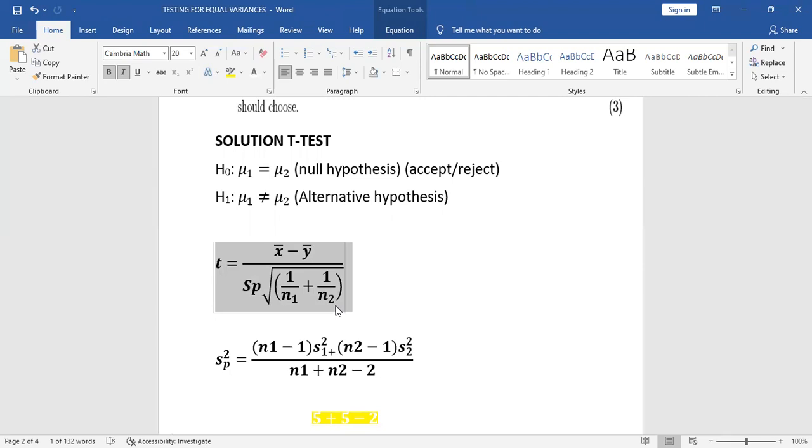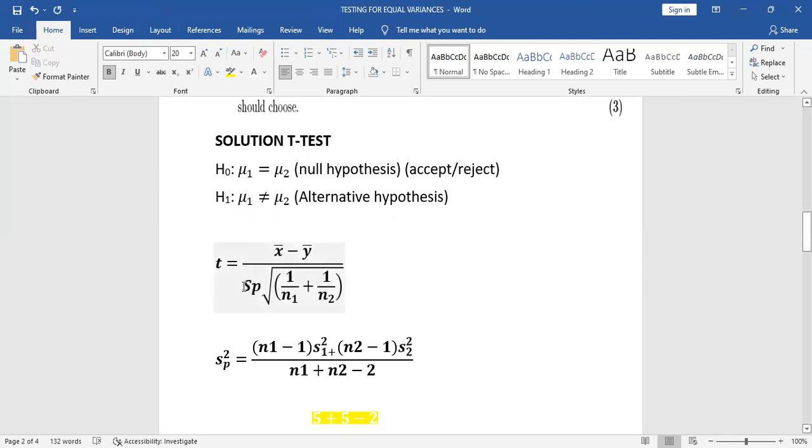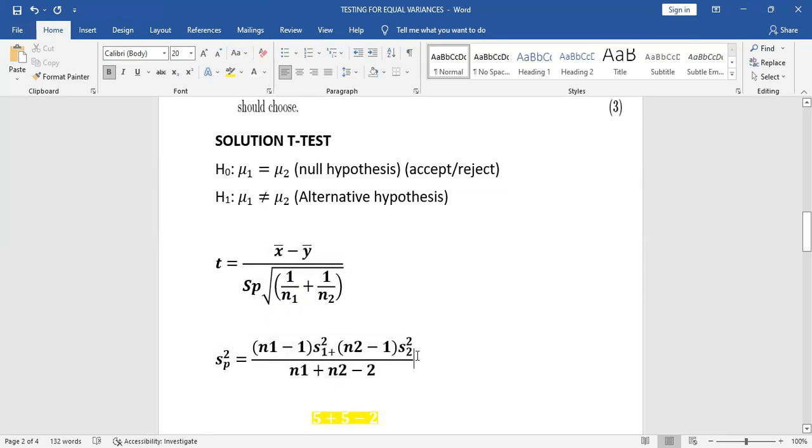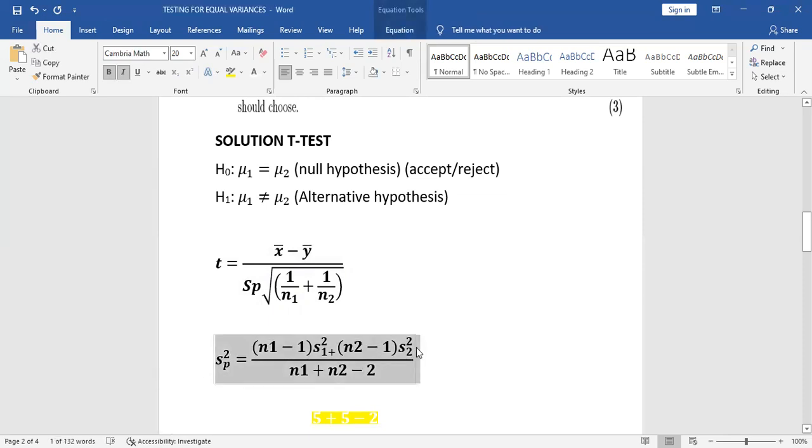If you look at this formula, there's something peculiar, which is the pooled standard deviation. For us to get the pooled standard deviation, we first need to calculate the pooled variance. So we cannot calculate the t-value before we calculate the pooled variance.